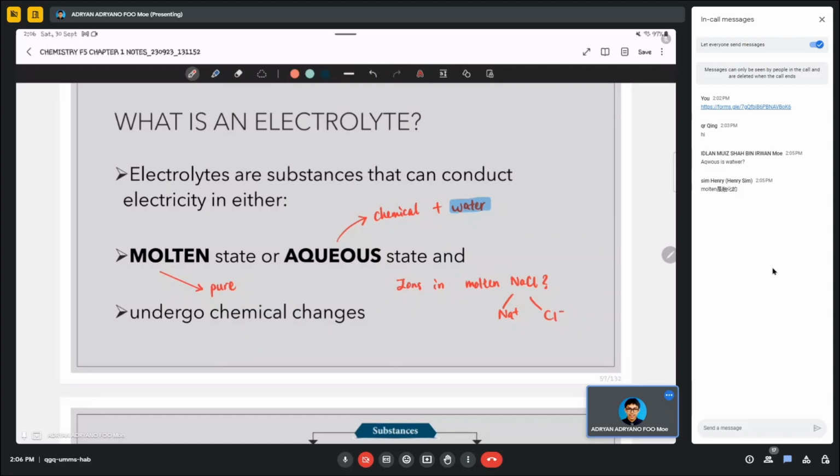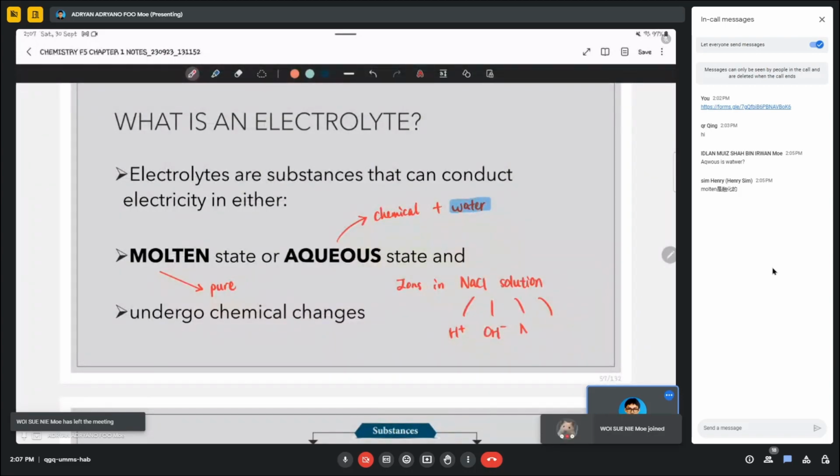On the contrary, if they ask you what are the ions in aqueous NaCl, usually they won't say aqueous, they will say ions in NaCl solution. Then only you have 4. What are the 4? H plus, OH minus, Na plus and Cl minus.